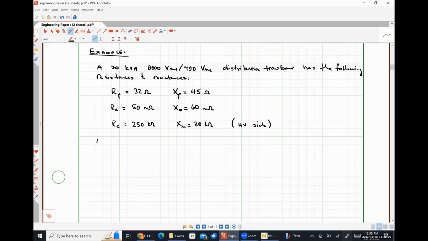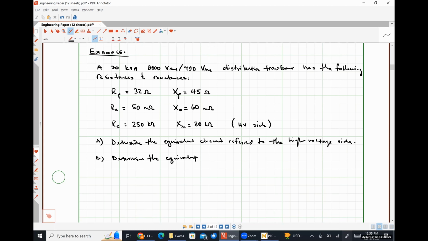We want to determine A, the cantilever equivalent circuit referred to the high voltage side. B, the equivalent circuit referred to the low voltage side.